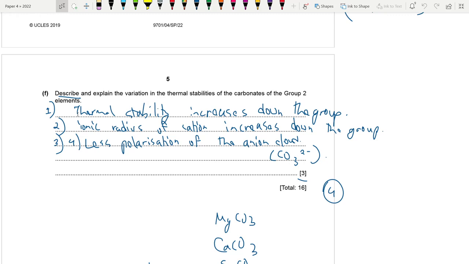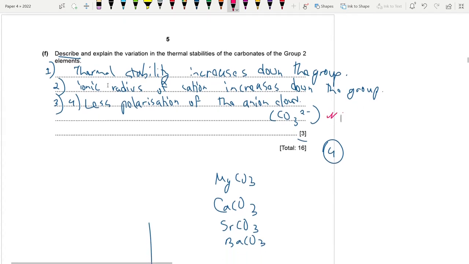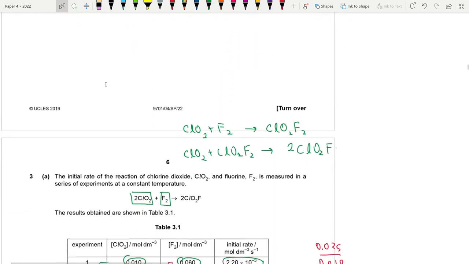As a result, less distortion or polarization of the anion occurs. Or you could talk about the weakening of the bonds, but less polarization of the anion cloud occurs. What anion cloud exactly? The carbonate ion. If we're talking about this question, we're talking about the carbonate anion.